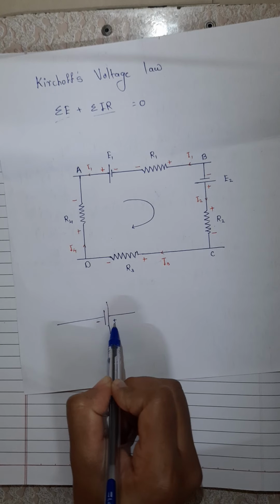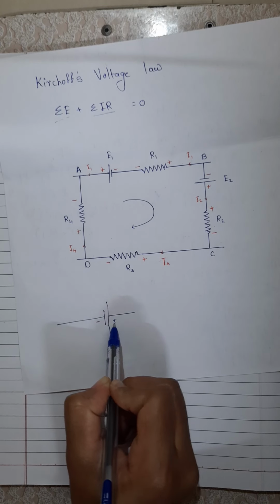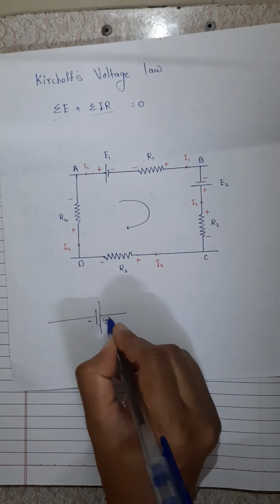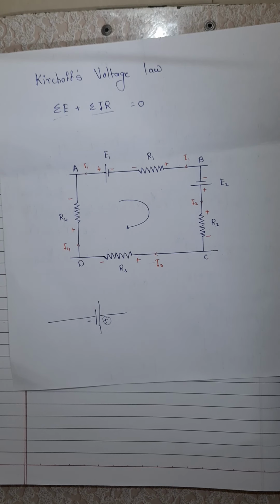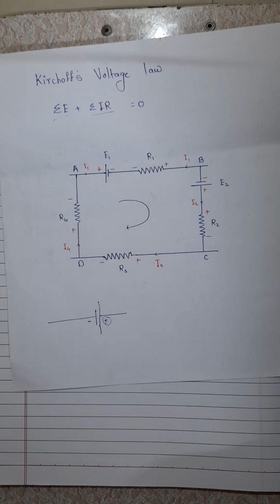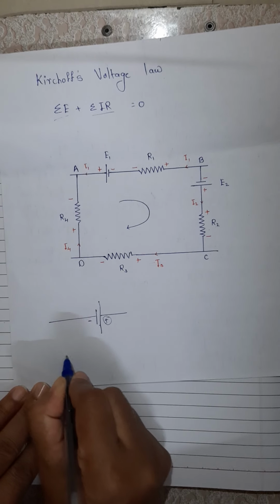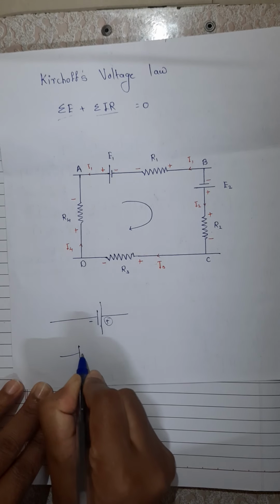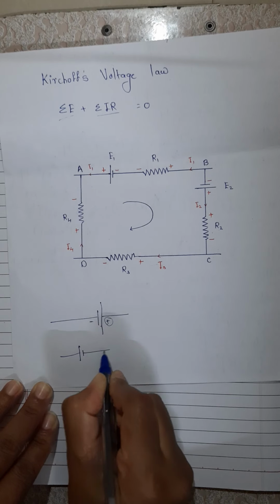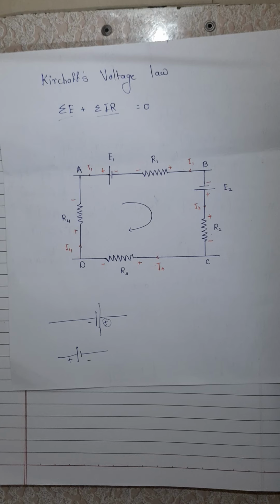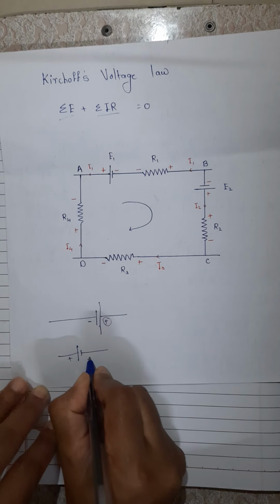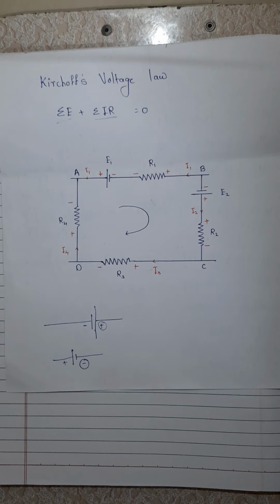Hence in this case EMF should be considered as positive. On the other hand, while going from the positive terminal of the source to the negative terminal of the source, there is fall in potential and the EMF should be considered as negative.